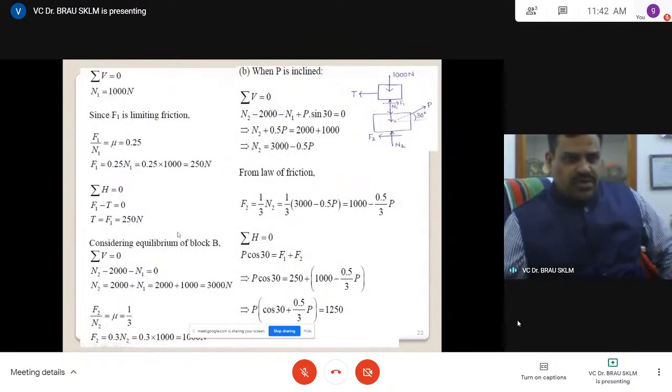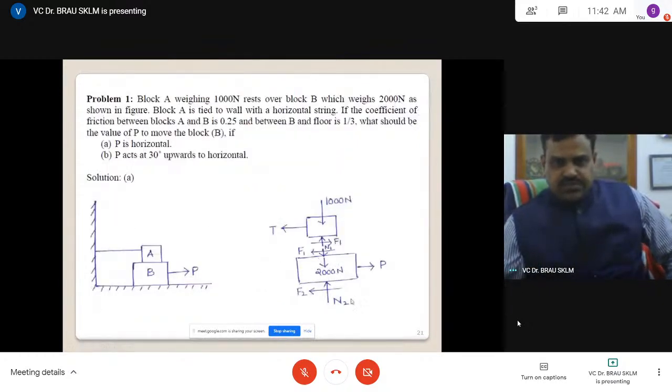Now go to block B in this situation. For block B, F1 is by this time a known quantity because it is already determined. N1 is also a known quantity. This is N1, the equal and opposite force. Weight is known. Horizontal force P is horizontal.